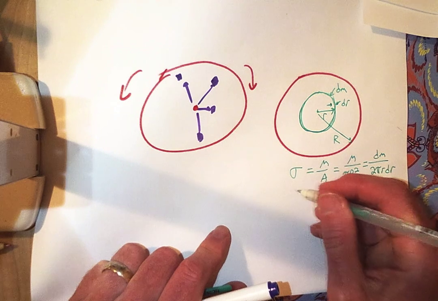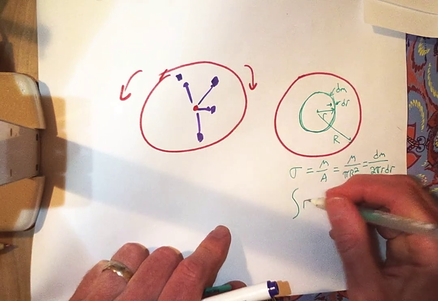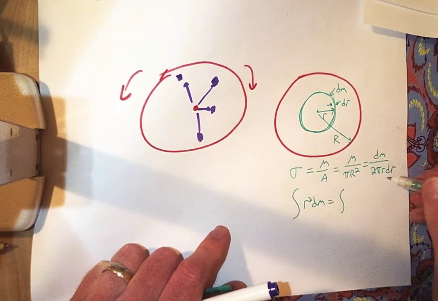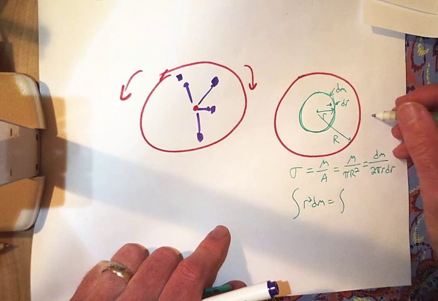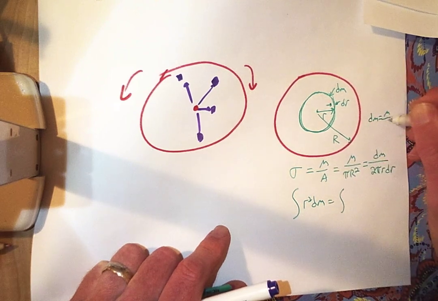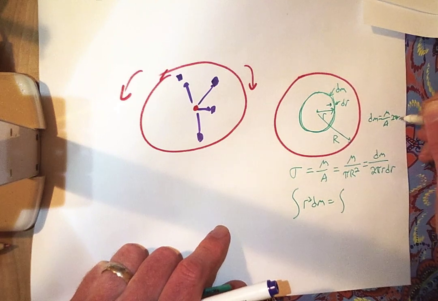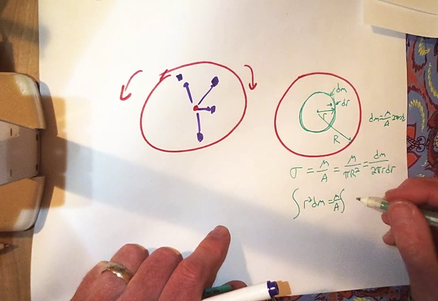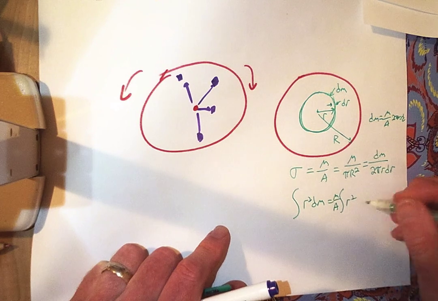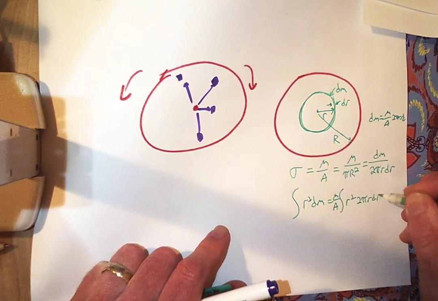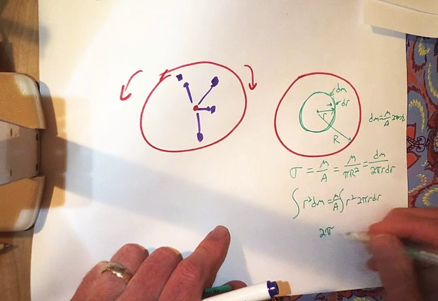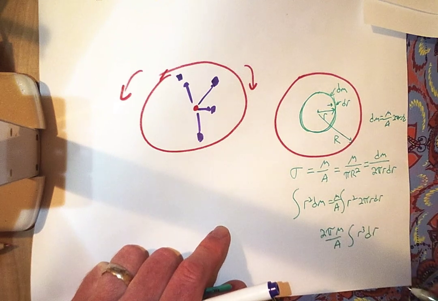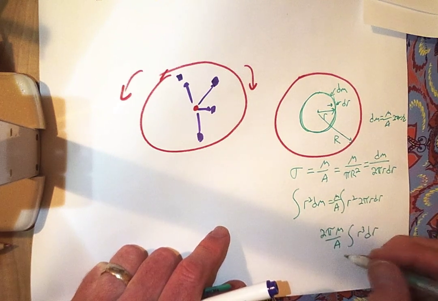I'll just show you since we're here. This r squared dm is now going to turn into the integral of, doing all that together, dm is m over a times 2 pi r dr. I can substitute that in, and it's going to be r squared times 2 pi r dr. So I'll bring the 2 pi out: 2 pi m over a integral of r cubed dr. And then you could substitute the a on the bottom here for pi r squared if you want.